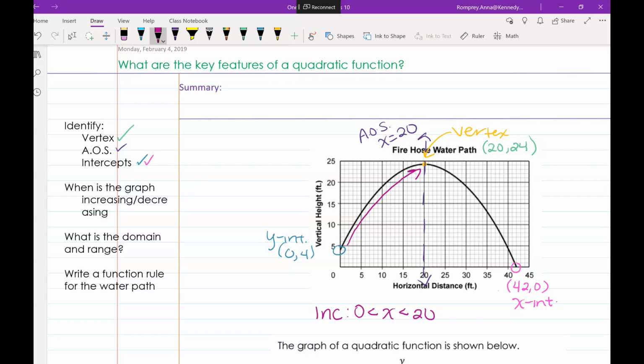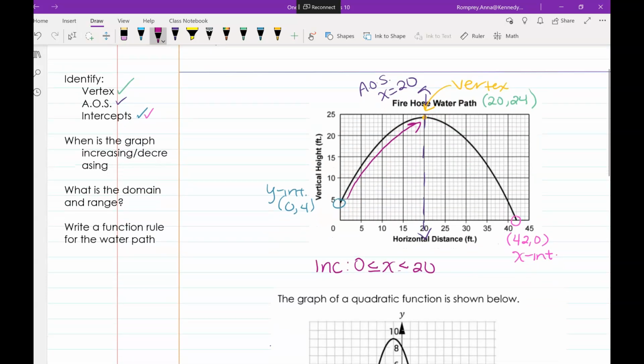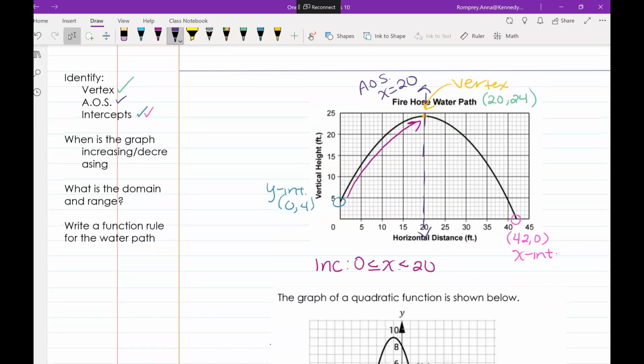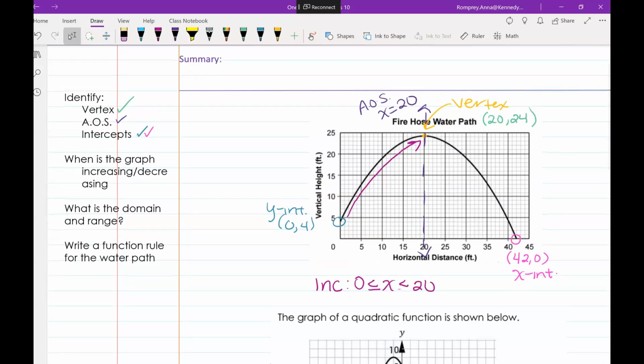Remember, 20 is going to be included in the increasing and decreasing interval, so I don't want to use equal to. However, 0 is only included in the increasing, so I can use equal to for this one. All right, and then we start decreasing from 20 to 42.